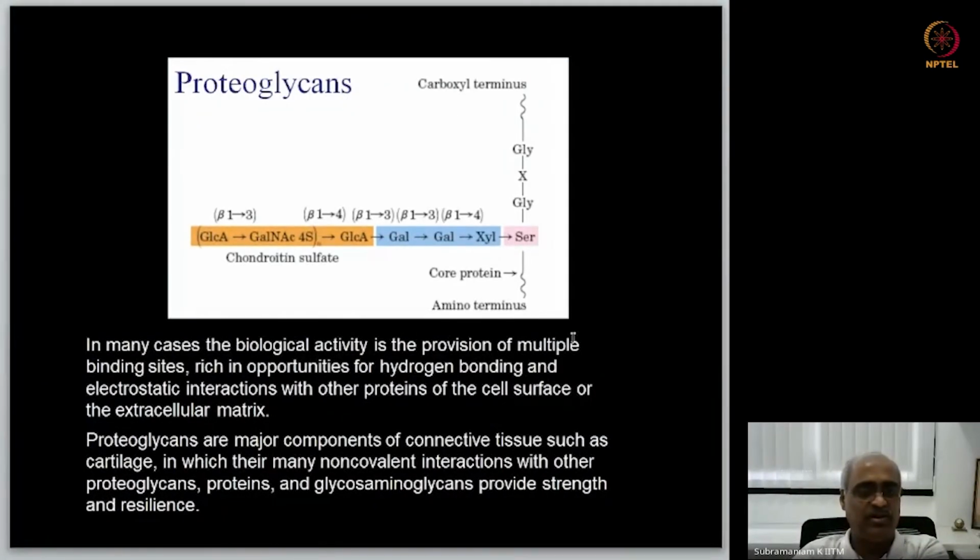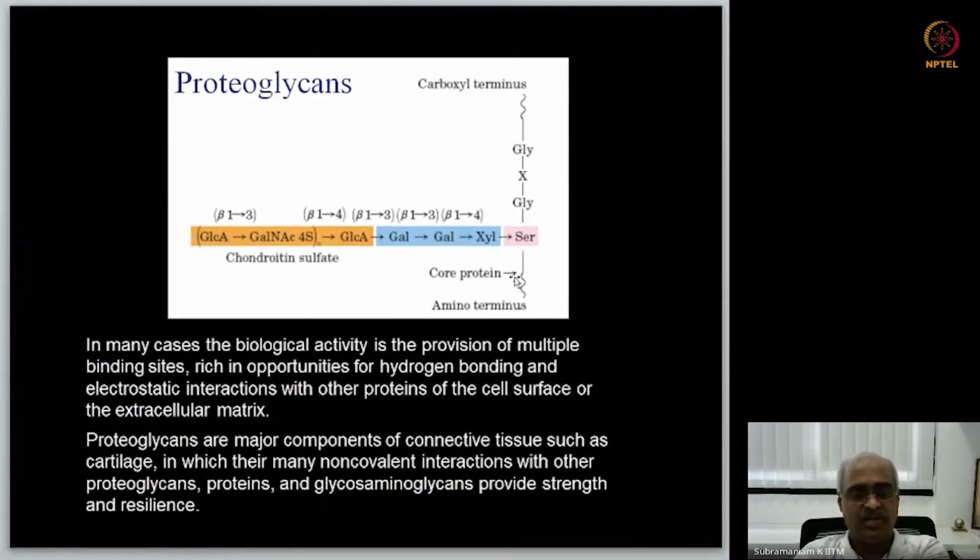So I already told you proteoglycans contain chondroitin sulfate. Usually the chondroitin sulfate polysaccharide is attached via a trisaccharide linker, galactose, galactose, xylose, to a serine hydroxyl group on a protein called the core protein.